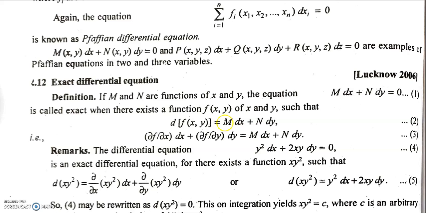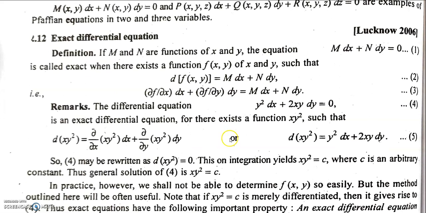That means if we can write d of a function equal to M dx plus N dy, then we can say that our differential equation is exact. What do we mean by d of f(x,y)? Del f del x into dx plus del f del y dy.